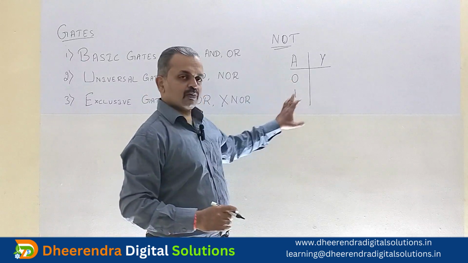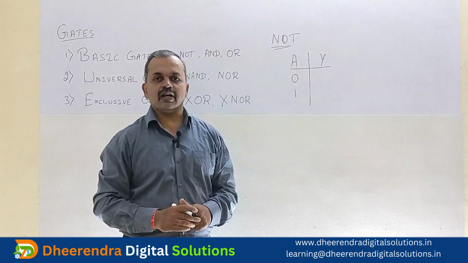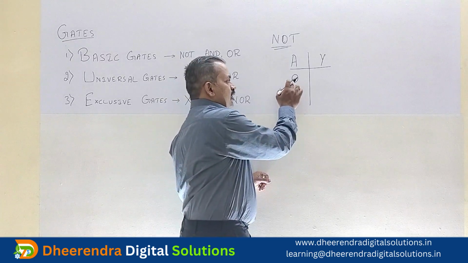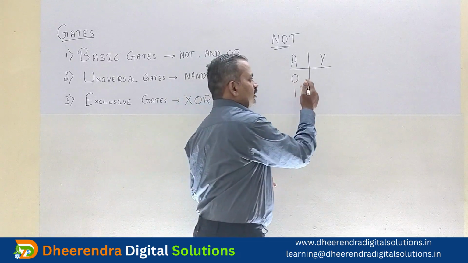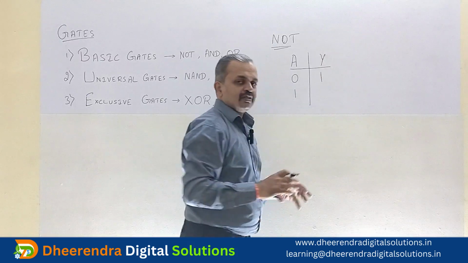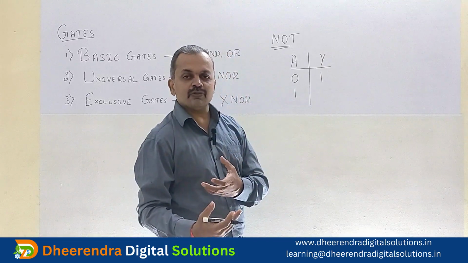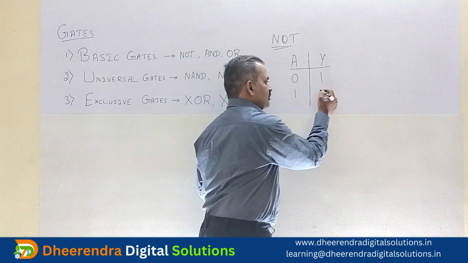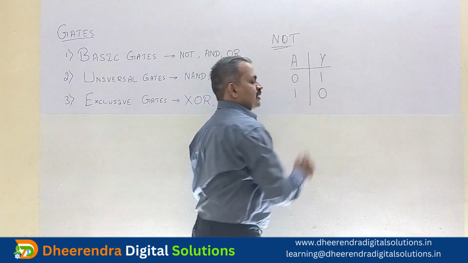One is 0, the other one is 1, because we are looking at the binary number system. Now, if my input is 0, the NOT of 0 is 1, because the output is going to be opposite to that of the input. Similarly, if my input is 1, my output is going to be 0.